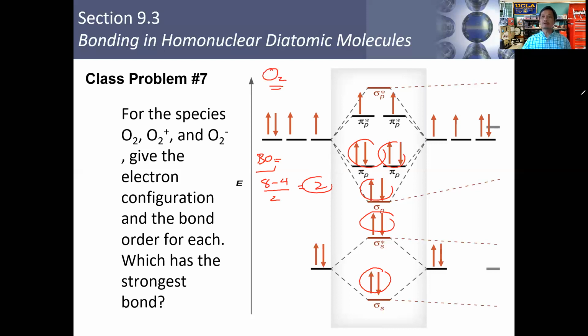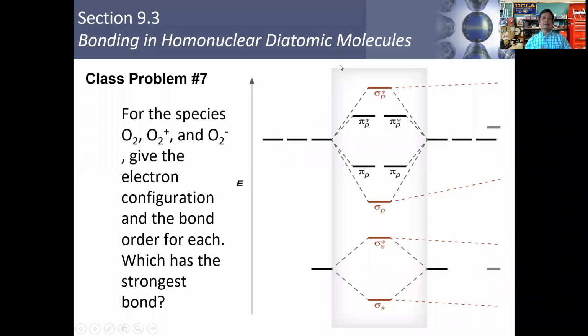What I would like you to do real quickly is use the table here. Let me go ahead and clear this out for you. Use the table and write out the electron configuration for these 2 ions of the molecule O2, the O2 cation and the O2 anion.